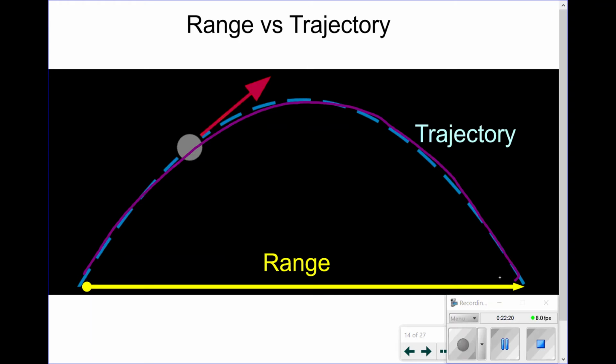This is very complicated. Not only that, but often I just want to know how high is something when it stops moving, how far over. The actual path is inconsequential to where did it end up. So it's nice to know what trajectory is, but we're not going to really worry about it. We're going to worry about heights, and we're going to worry about range.